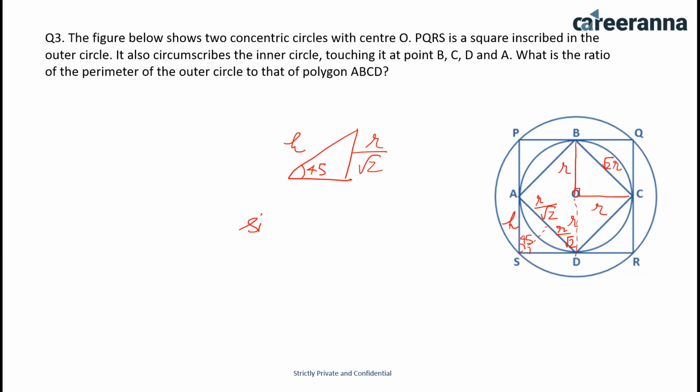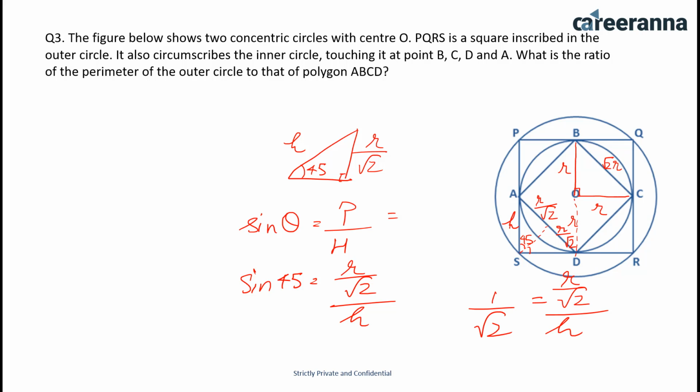Now sine theta is nothing but P upon H, which is perpendicular upon hypotenuse. So sine 45 is equal to r upon root 2 upon h. Sine 45 is 1 upon root 2. Now this h will become r by root 2 into root 2. So h is equal to r.